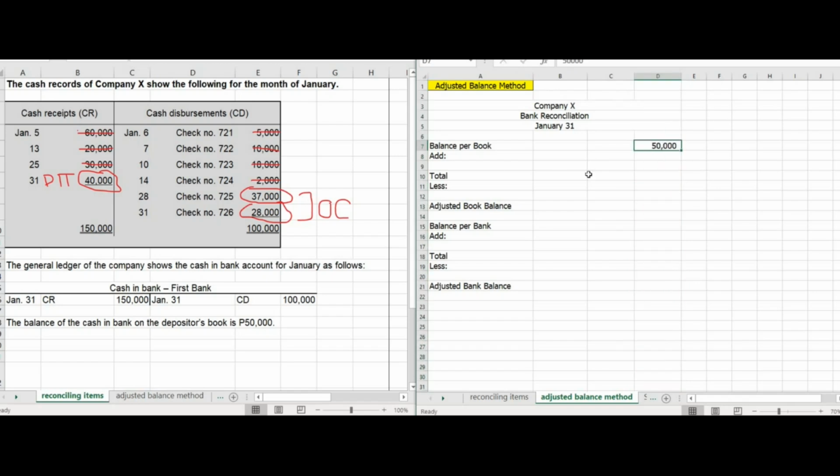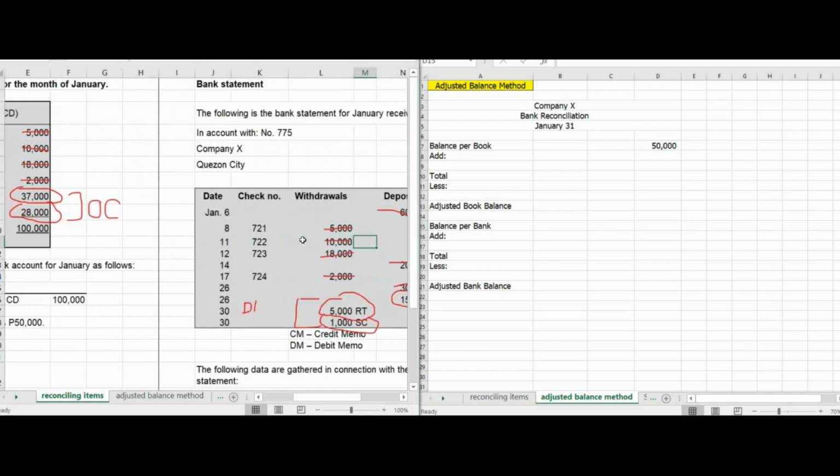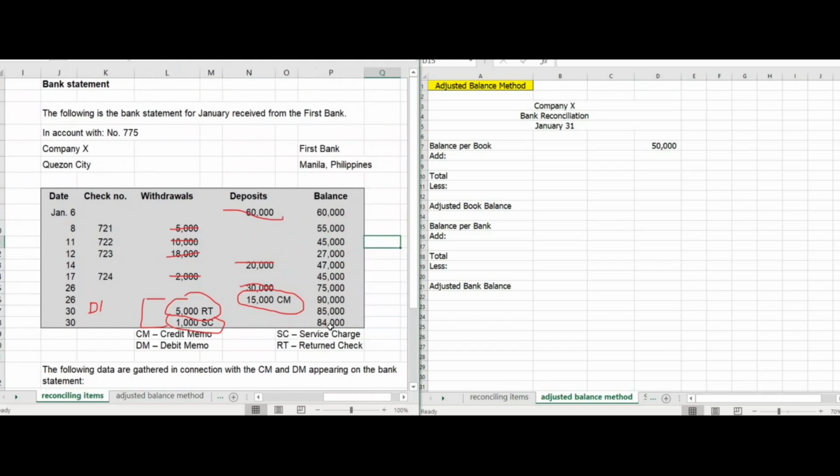Okay, so we have 50,000. For bank naman, we have determined that it was, if I'm not mistaken, that was 84,000 ito. So, include lang din natin 84,000. Okay? Then, nasa baba.